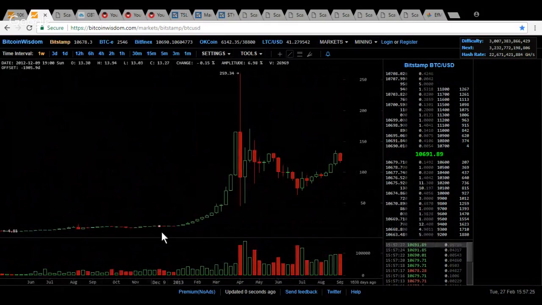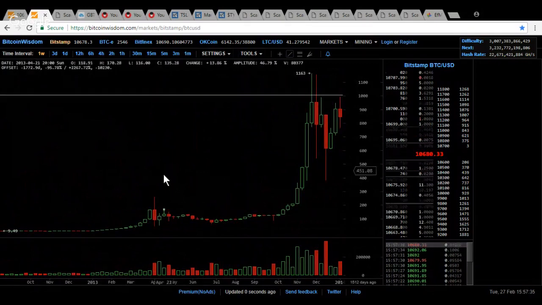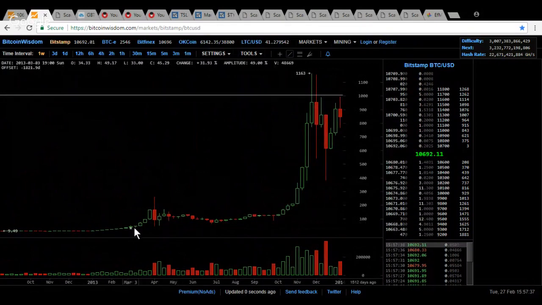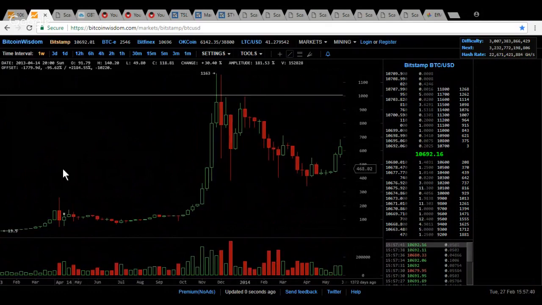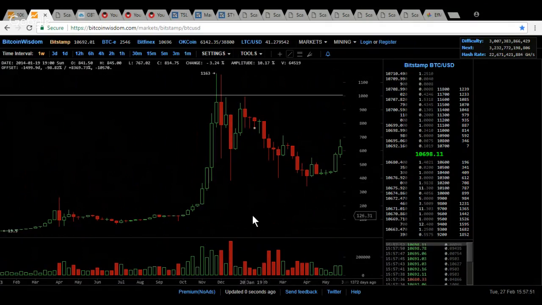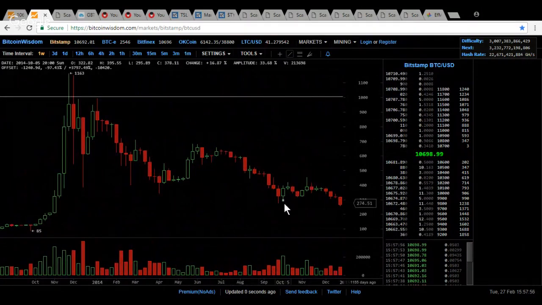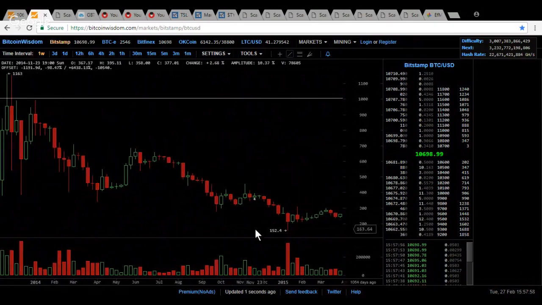Now, each one of these are not hyperwaves. They are similar to hyperwaves, but in each case, we never got all the way back down to the bottom of the move. On this move where we went from $100 to $1,100, we corrected all the way down, so it looks like a hyperwave, but it only got down to 400 and then later to 200 and then finally back to 152.